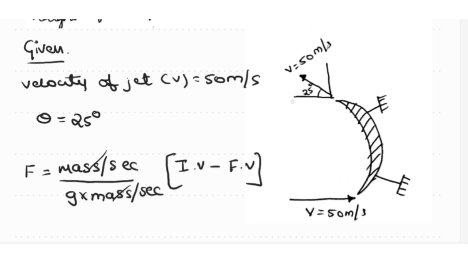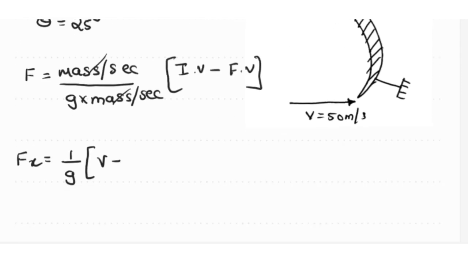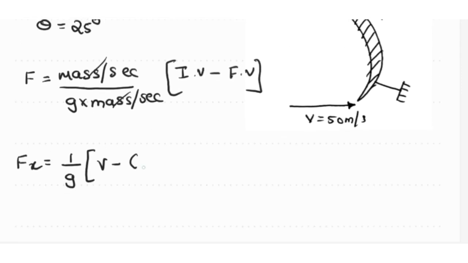If we resolve this, it will be v cos theta and v sin theta. So that is nothing but minus v cos theta, because this is in the opposite direction.